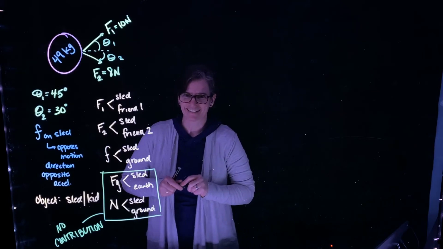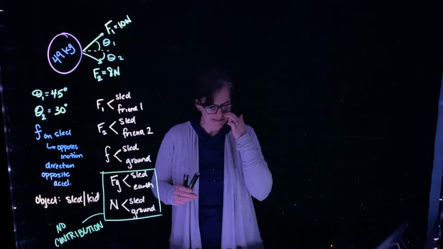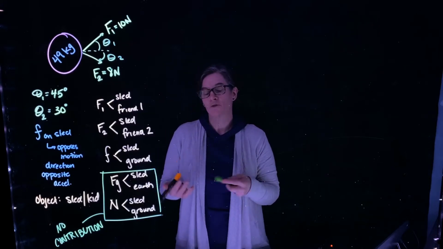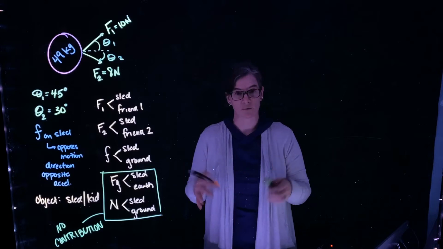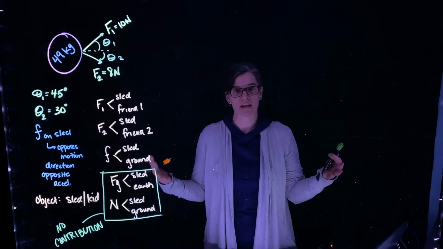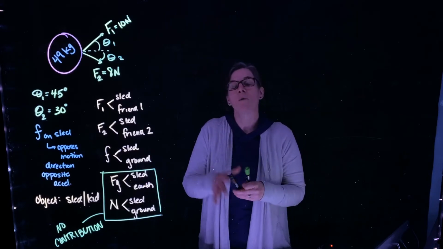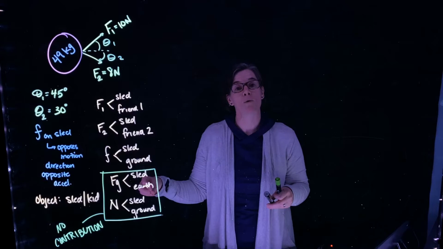All right? Okay. So we first want to decide what we're interested in, the direction of the acceleration and the magnitude of the acceleration. So we need to understand what is going to be that direction of acceleration. Now we know that friction always opposes the direction of motion.